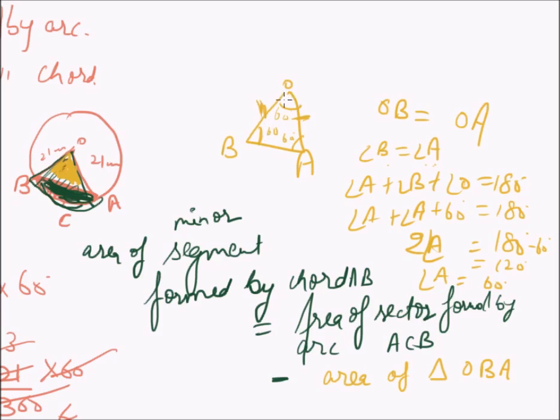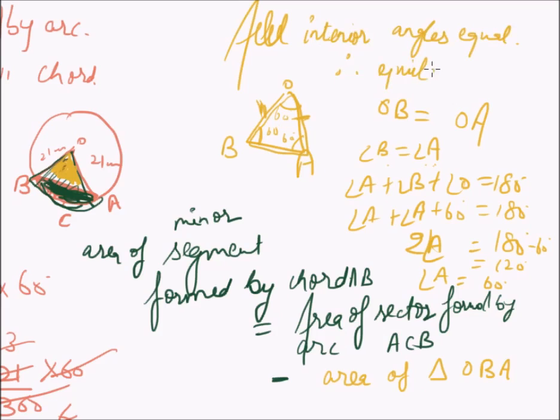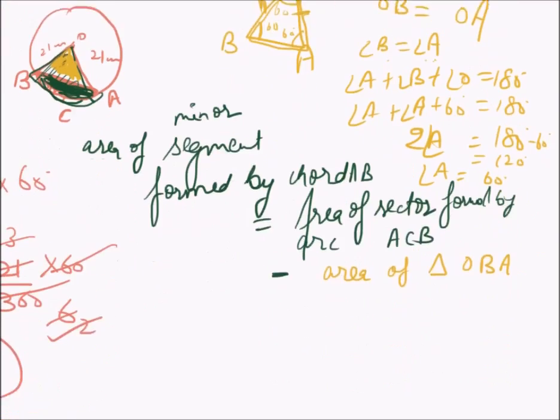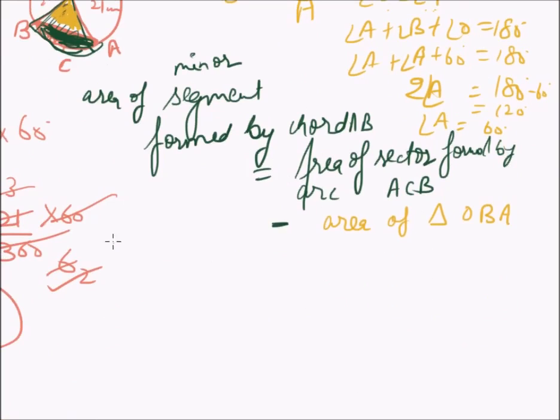The point here is that all the interior angles of this triangle are equal. Therefore it is an equilateral triangle. Thus we know for an equilateral triangle, area of triangle is under root 3 by 4 a square.